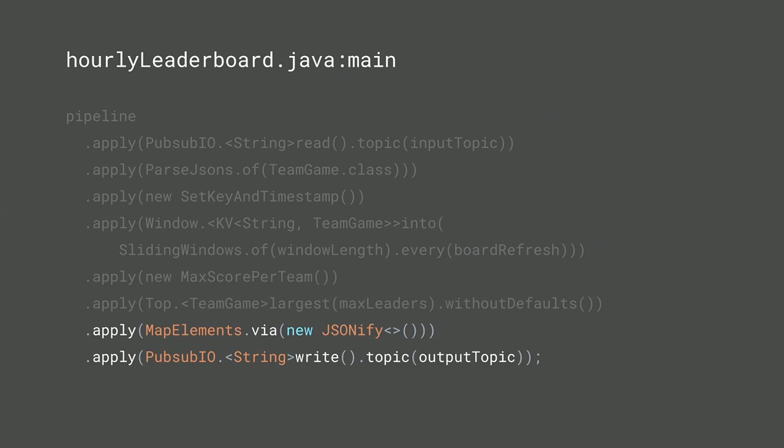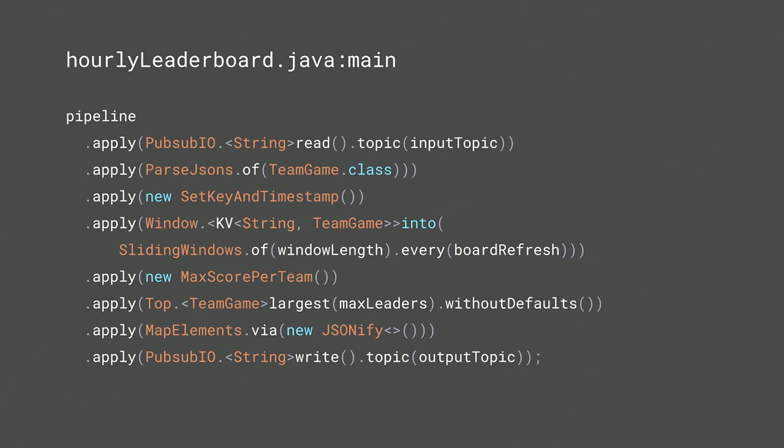And finally, we take that list of data that we just got and we use Jackson again to parse it back into JSON and send it back in a PubSub message. At that point, we're going to be just sending that back off to a different topic.